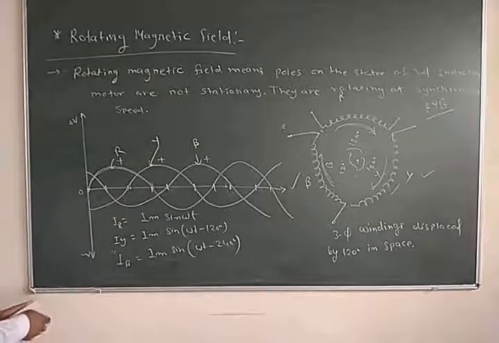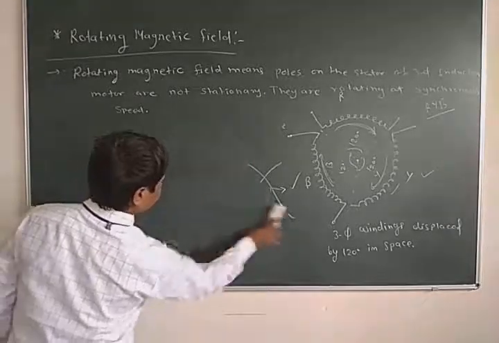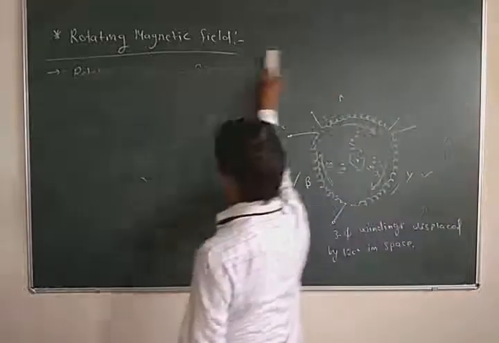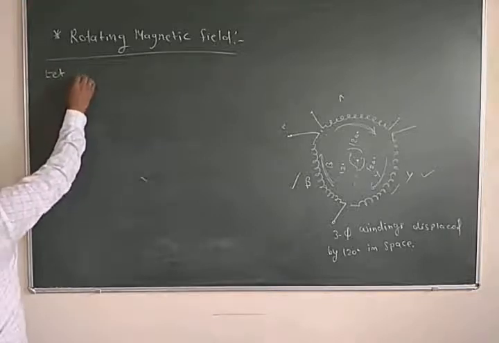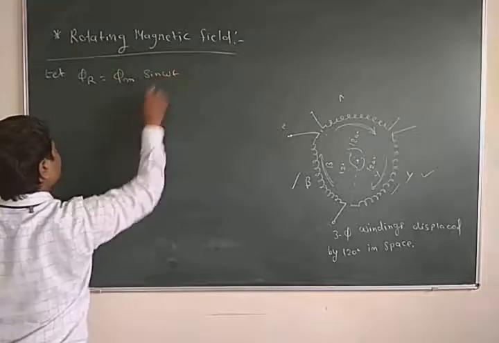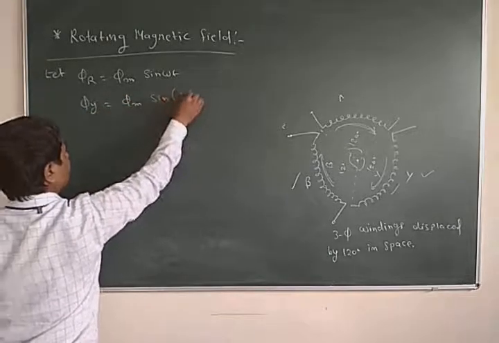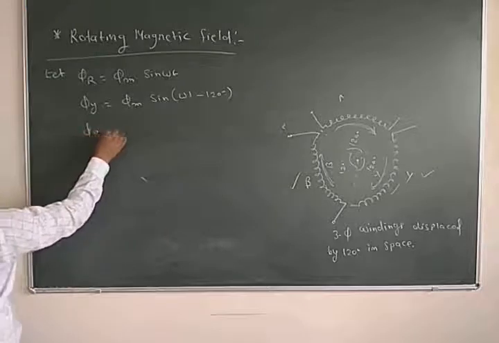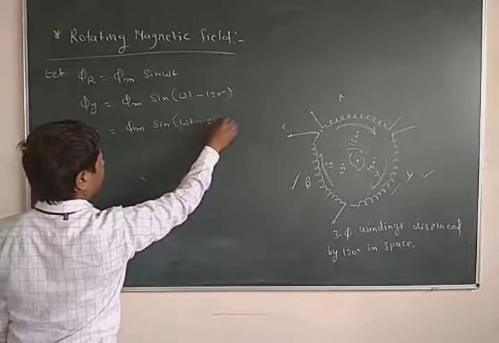Now the magnitude of this rotating magnetic field is given by: let phi R is equal to phi m sin omega t, phi Y is equal to phi m sin (omega t minus 120 degrees), and phi B is equal to phi m sin (omega t minus 240 degrees).